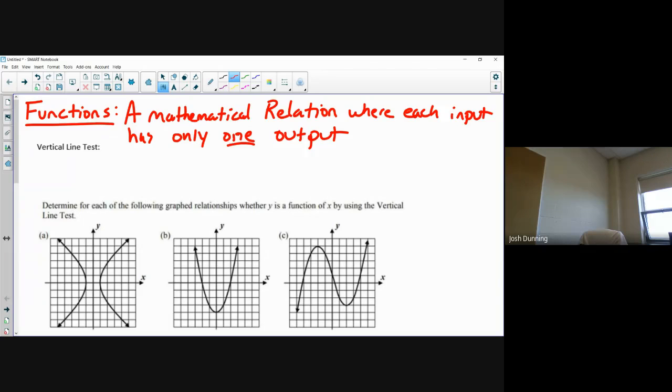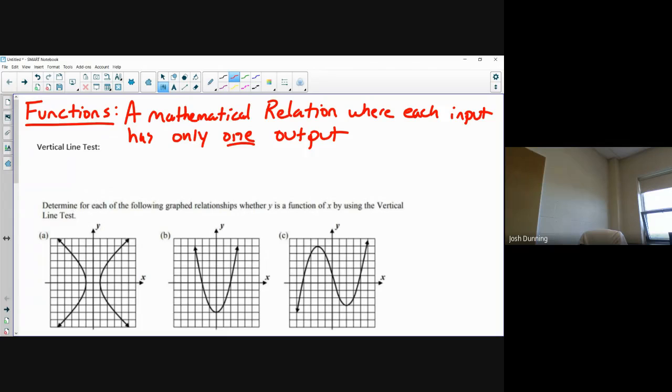You would look for repeats in X that give you different Y's. You're not really going to get asked that this year. And you won't get asked just for the vertical line test either. But you may still need to use it in a more challenging problem.